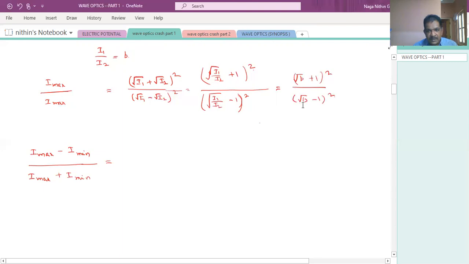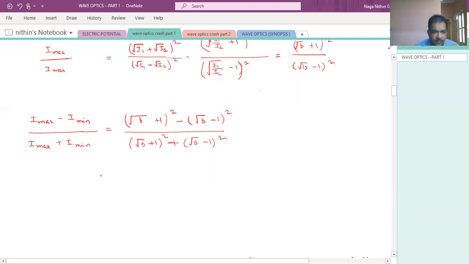So this minus this is (root b plus 1) whole square minus (root b minus 1) whole square, divided by (root b plus 1) whole square plus (root b minus 1) whole square. (a plus b) whole square minus (a minus b) whole square will be equal to 4ab, and (a plus b) whole square plus (a minus b) whole square is 2 into (a square plus b square).